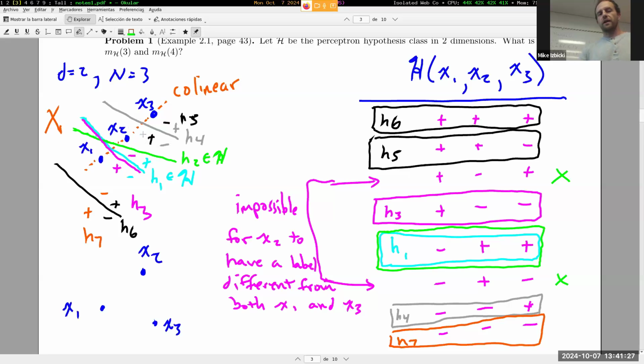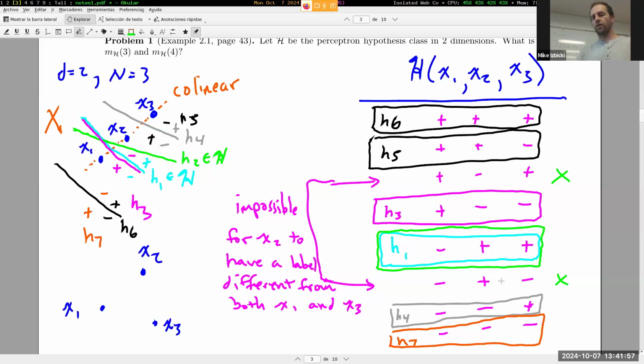So on this data set right here, the size of the dichotomies of H for the perceptron hypothesis class would be 6, because there are 6 entries here that are included. All of these entries have many different hypotheses that can generate that dichotomy. H2 and H1, again, generate the same element in the dichotomy right here. There's going to be an infinite number of pairs of hypotheses that line up to do this.